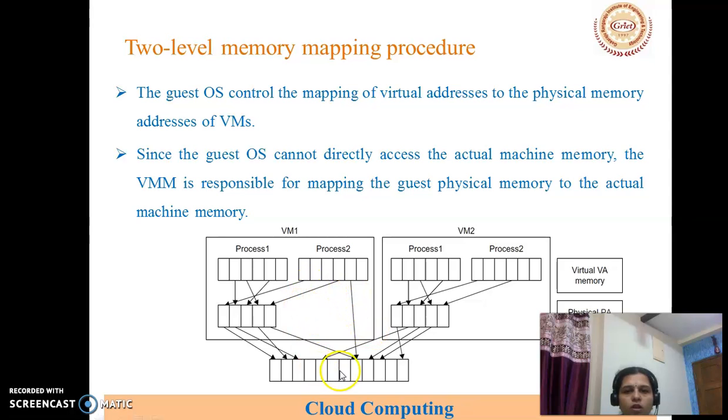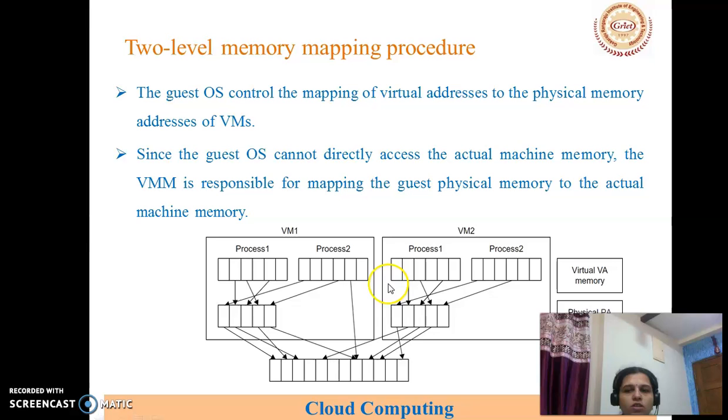If we consider the memory concept, the complete memory is divided into a number of blocks. So first of all, before giving memory directly to each virtual machine, the first level will be there, then the second level of virtual memory will be given to virtual machine 1, virtual machine 2, virtual machine 3 and so on.